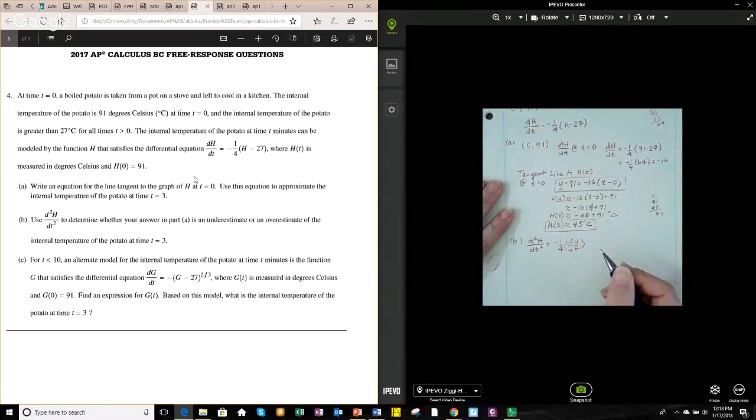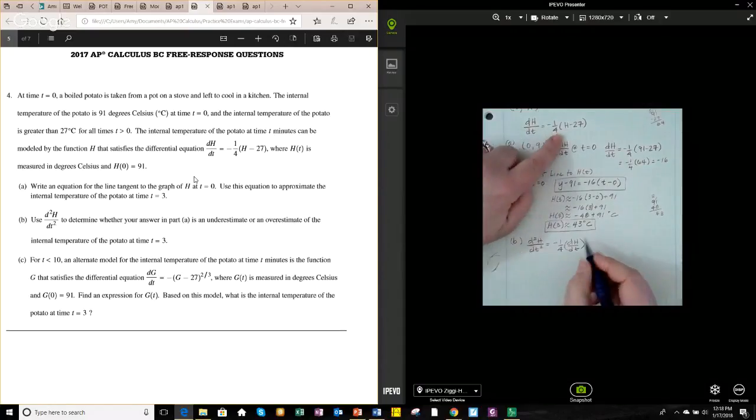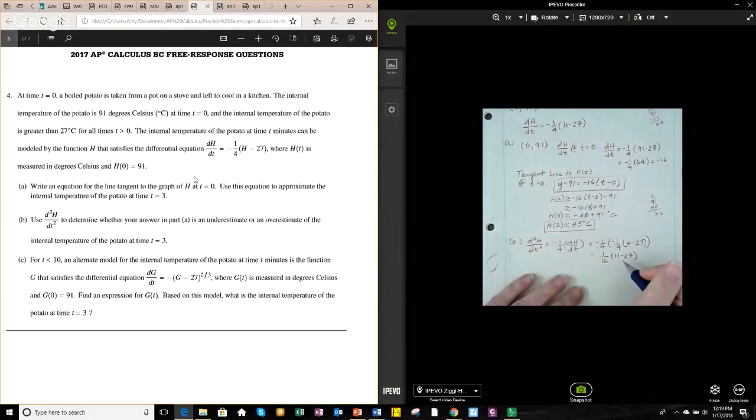But do I know what dh dt is? Well, yes. So I can substitute in, this is equal to negative 1/4 times dh dt, which is negative 1/4 times h minus 27. Let's write it properly, which is 1/16 times h minus 27. And I'm going to have to figure out whether this is an overestimation or an underestimation.